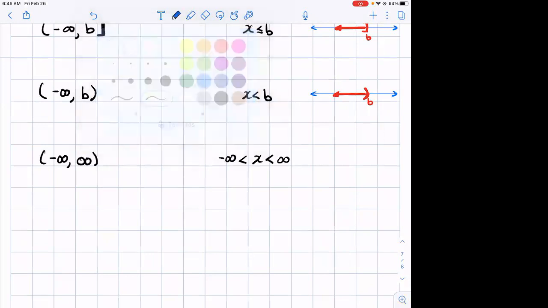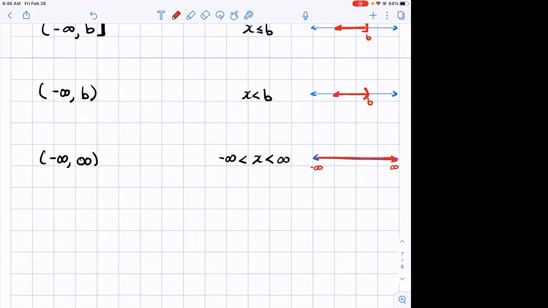My line here is really the same entire line. It's everything, because somewhere out here is infinity, somewhere out here is negative infinity. So it's the entire real line.